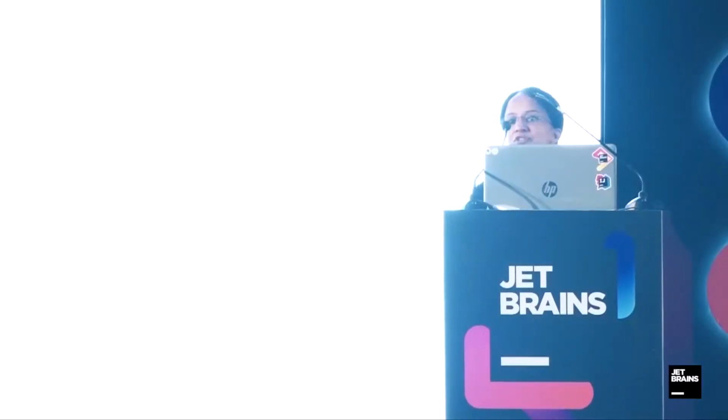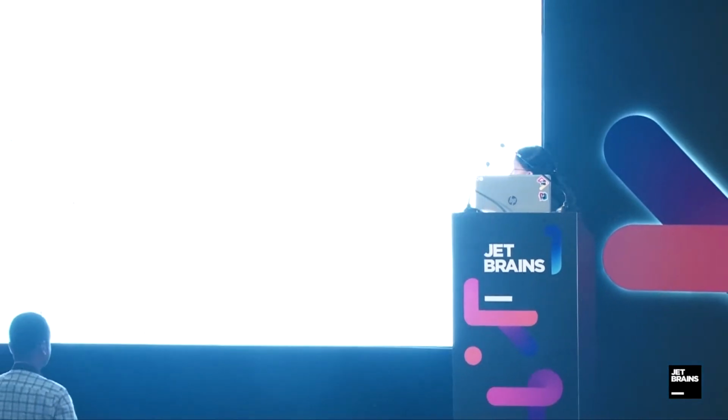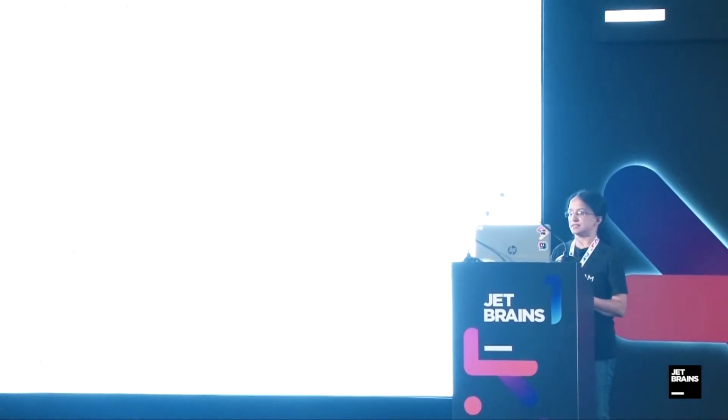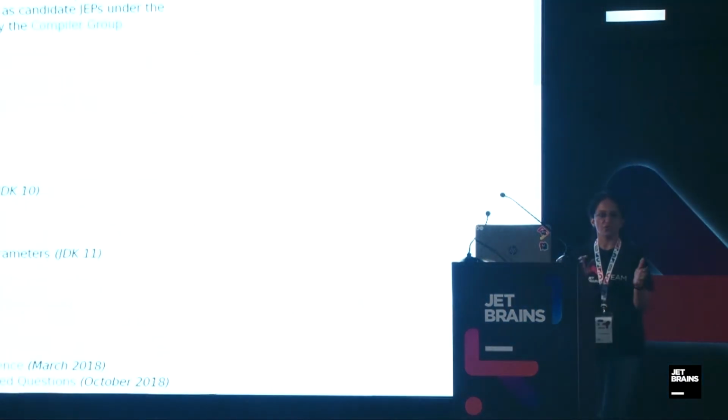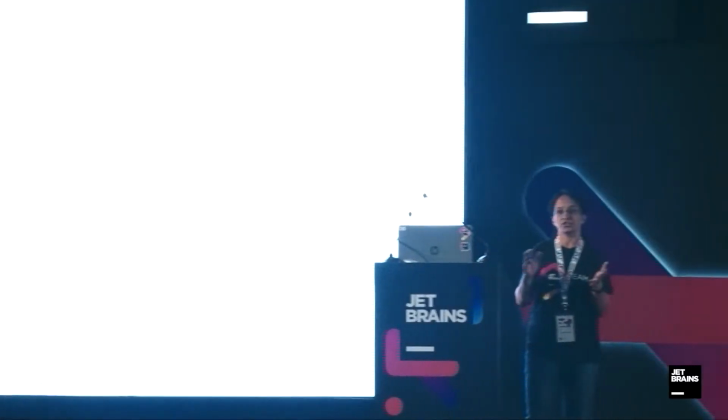So today I'm going to talk about Project Amber, which was started in early 2017. And this is the official page by Oracle, and you can get all the details if you visit this URL. As I asked right before the session, most of you are on Java 8.